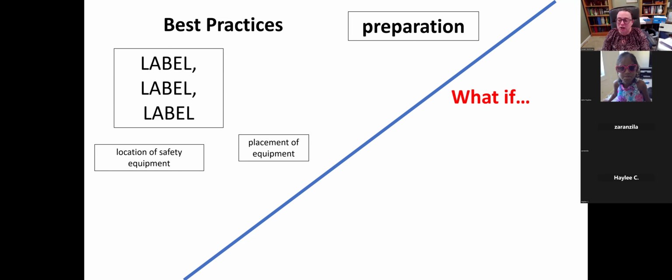We want to put it in a place that's safe. We want to be able to maybe take a measurement with it, so it needs to be flat on the table, but it doesn't need to be on the edge of the table. That's asking for trouble. And we definitely don't want to put it where we have to reach over a flame to get it, or reach around something else in order to get it, or set it on our lab manual.